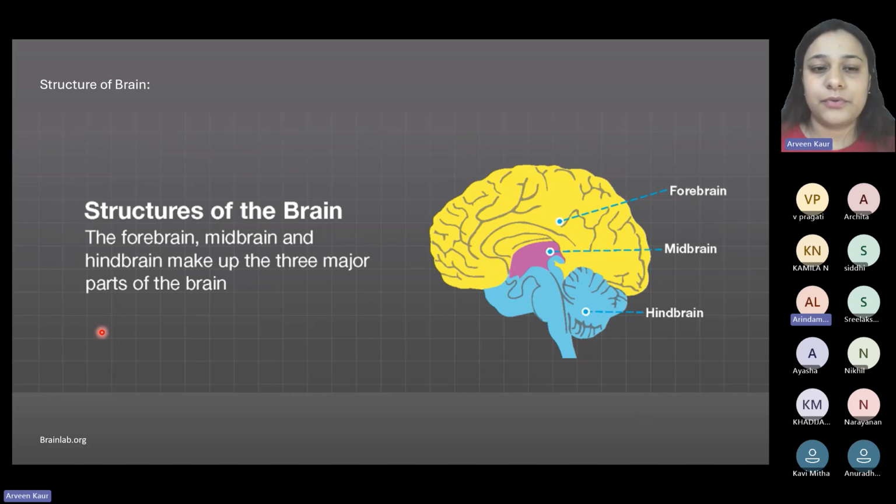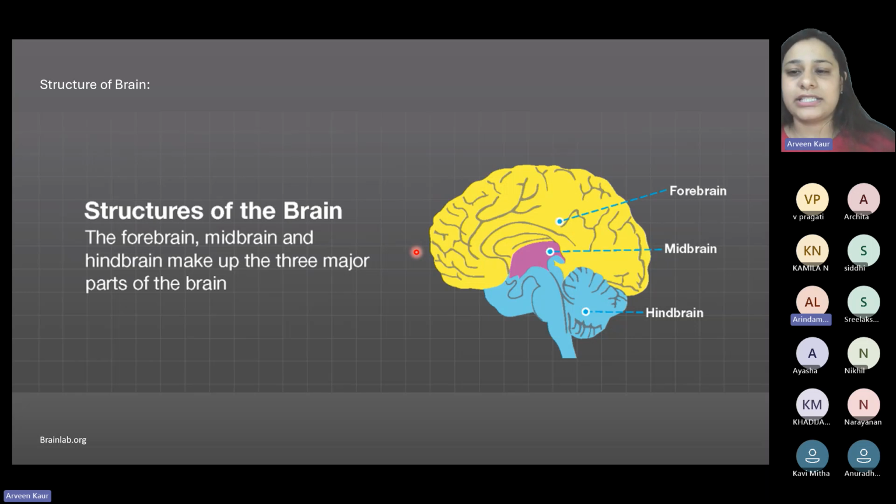Let us now move into the details of the structures of the brain. When we look at a broader perspective, the major structures of the brain are these three: the forebrain, the midbrain, and the hindbrain. When we look into detail, we will see that each of these major structures has multiple sub-regions, and we are going to discuss some of those as well.